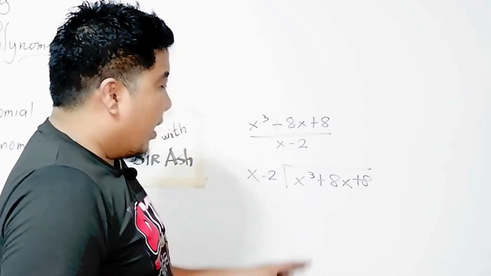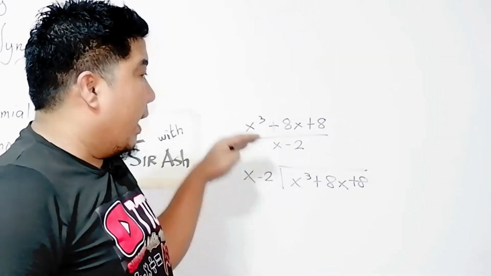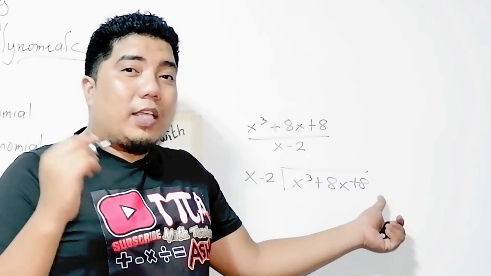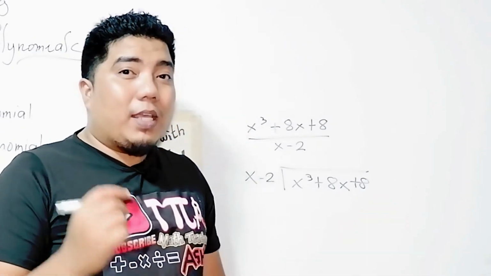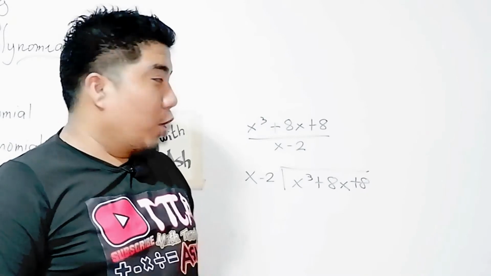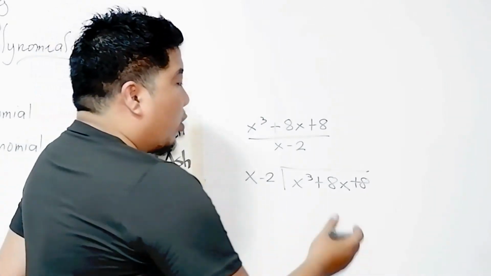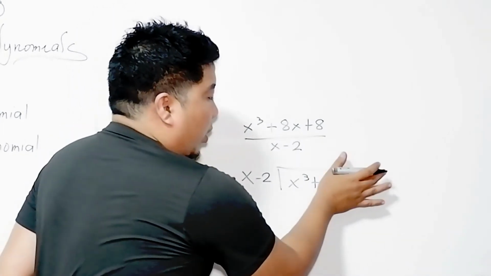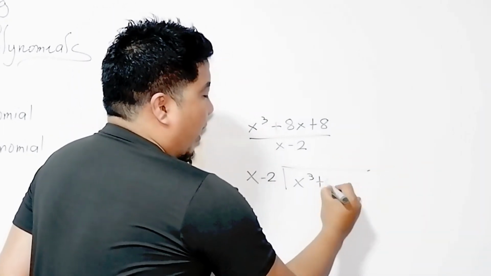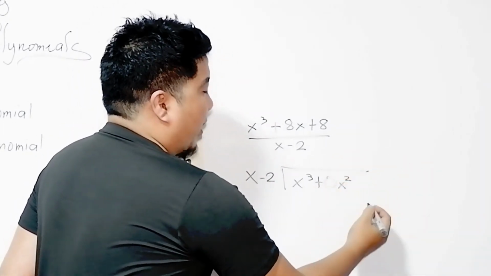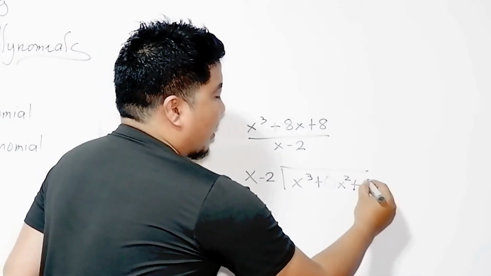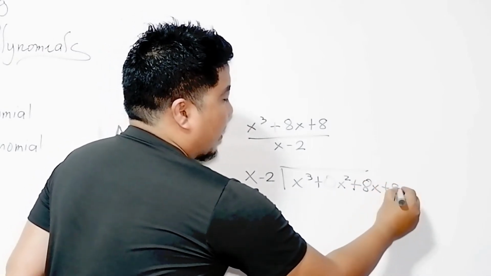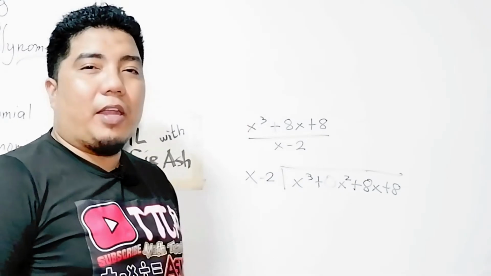What is that? If you could observe your terms in your dividend, there is no quadratic term, meaning the x squared, right? So if that is the case, you need to put it in your dividend group. So what you will do is you just erase this one and you add the 0x squared. Then you just copy the remaining plus 8x plus 8 there.